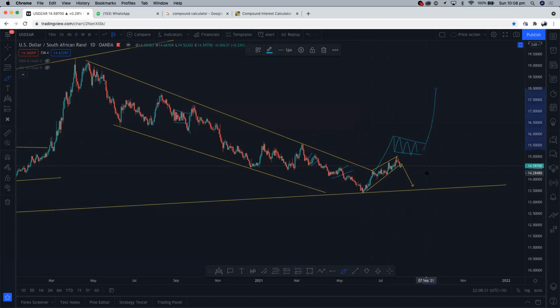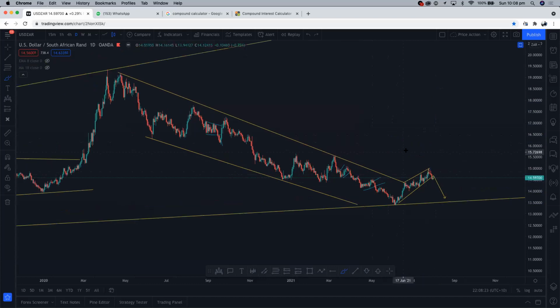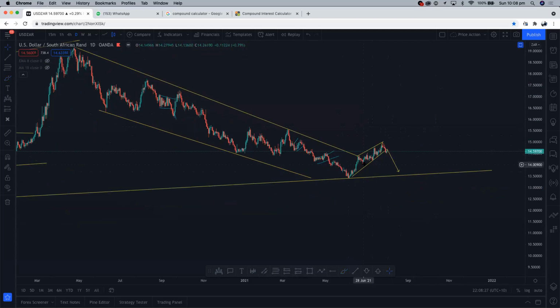But that's not what happened when price broke out on USDZAR. Price broke out, but it broke out correctively. If you can see, it didn't have an impulse leg. This is more of an impulse leg, from here to here. Price broke out, price went up impulsively, but then went into a reversal pattern.